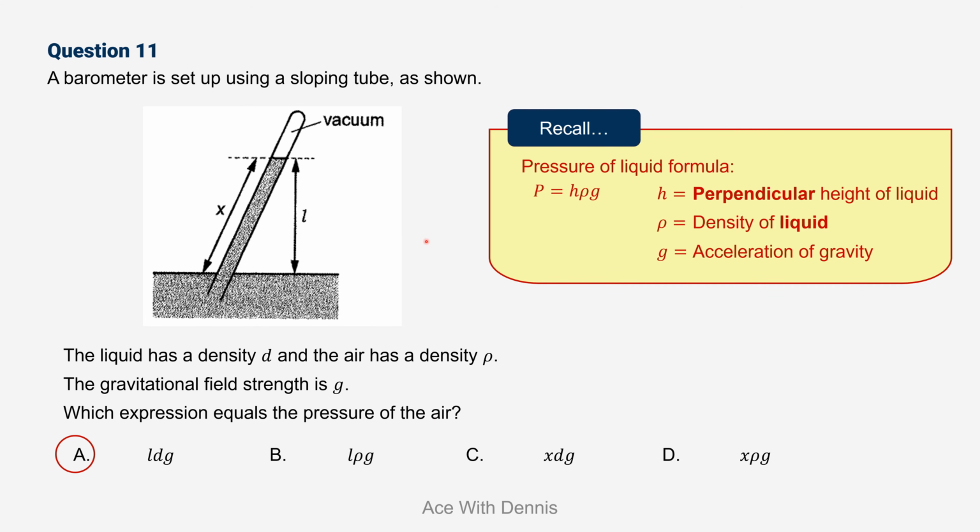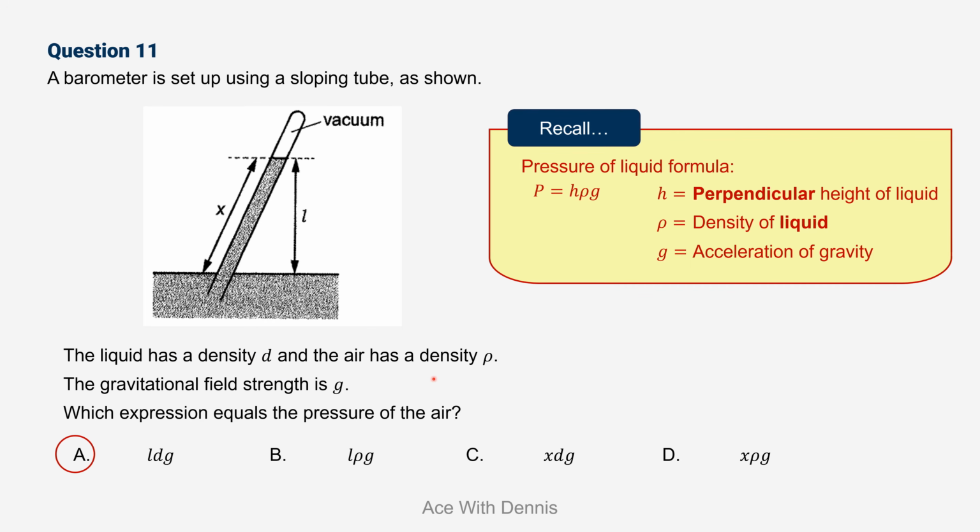So that's why we can use the pressure of liquid formula to calculate the pressure of the air in the surrounding. Now you have to be careful with the symbols used in the pressure of liquid formula. h is the perpendicular height of the liquid. Based on the diagram, the L will be the perpendicular height of the liquid. Rho is the density of liquid, but the symbol used for density of liquid here is the D, not the rho.